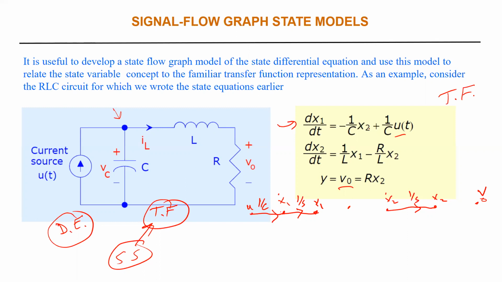Negative feedback from x2, so this is minus 1 over C. Then x2 dot: what is the gain here? 1 over L, then minus R over L from x2.